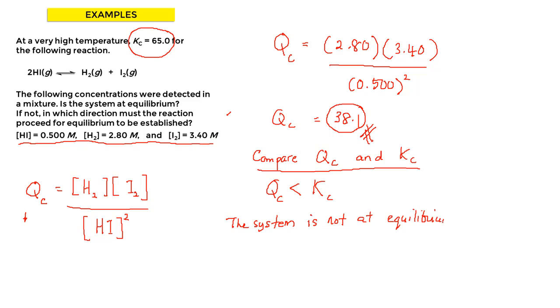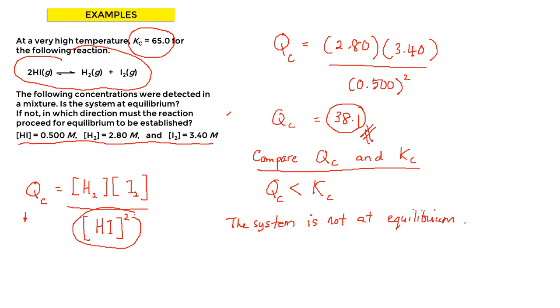And we have one more question: if not, in which direction must the reaction proceed for equilibrium to be established? Referring to the balanced chemical equation, when Qc is less than Kc, what is the most abundant species now? Hydrogen iodide is the most abundant reactant. The concentration of hydrogen iodide is very high.